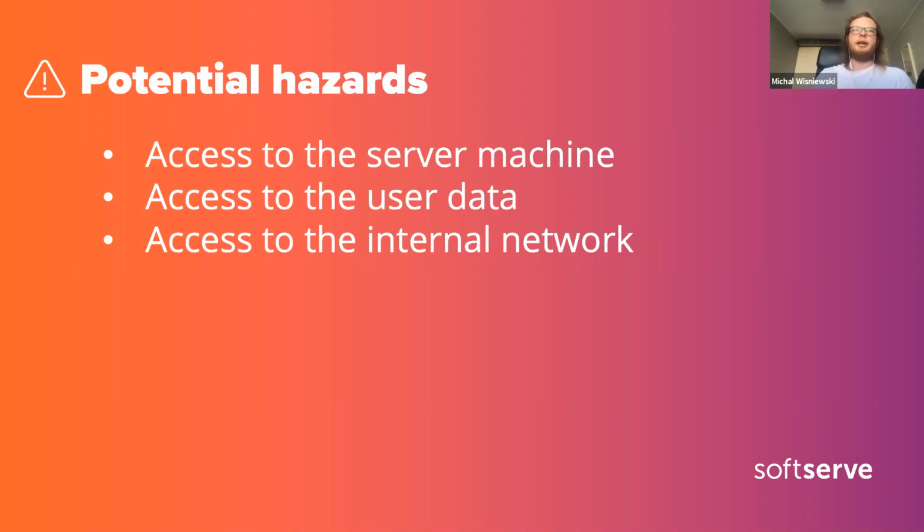Also, the machine can be killed or even broken, so it cannot be rerun. So your page will go down and you'll need to fix it or maybe even restore it. And also, access to the server machine provides access to the internal network.